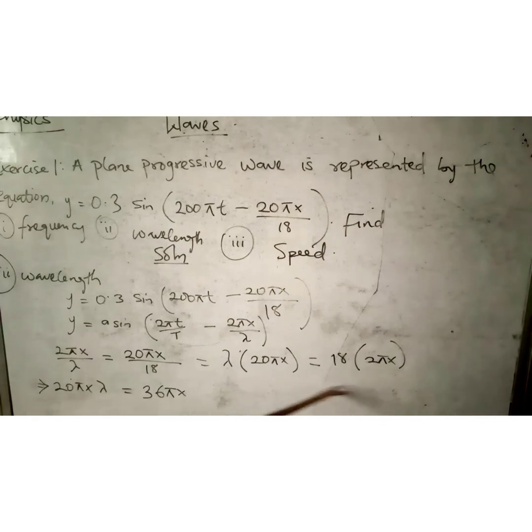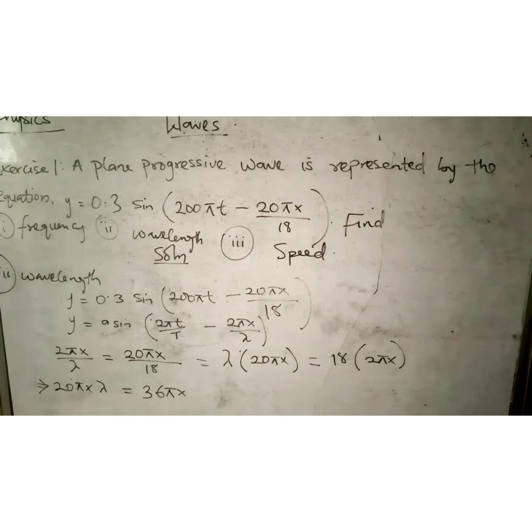So from here, we are going to multiply everything in the bracket out. Wavelength times 20 pi x will give us 20 pi x wavelength, equal to 18 multiplied by 2 pi x, which gives us 36 pi x.